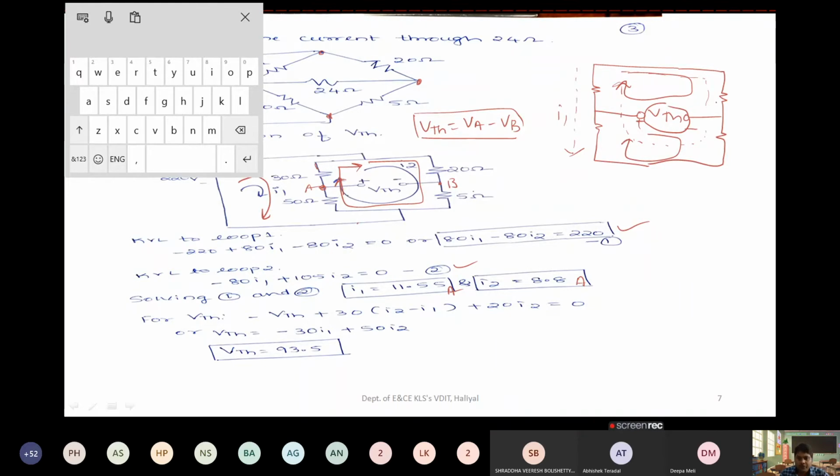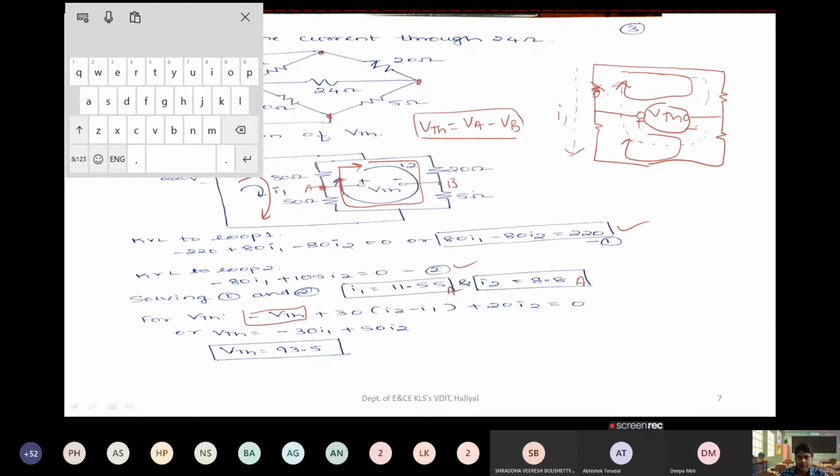If you apply KVL to the upper path, what we have is minus VTH, which I have written here. Then this resistor here is nothing but your 30 ohm resistor.